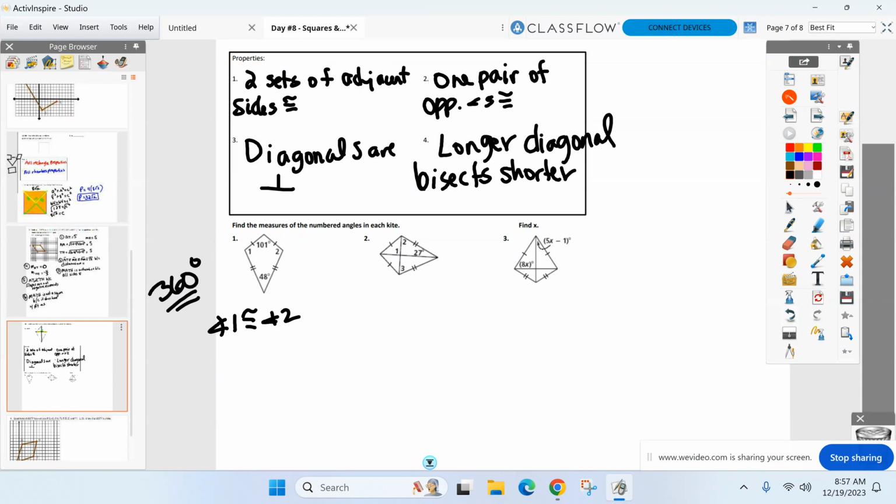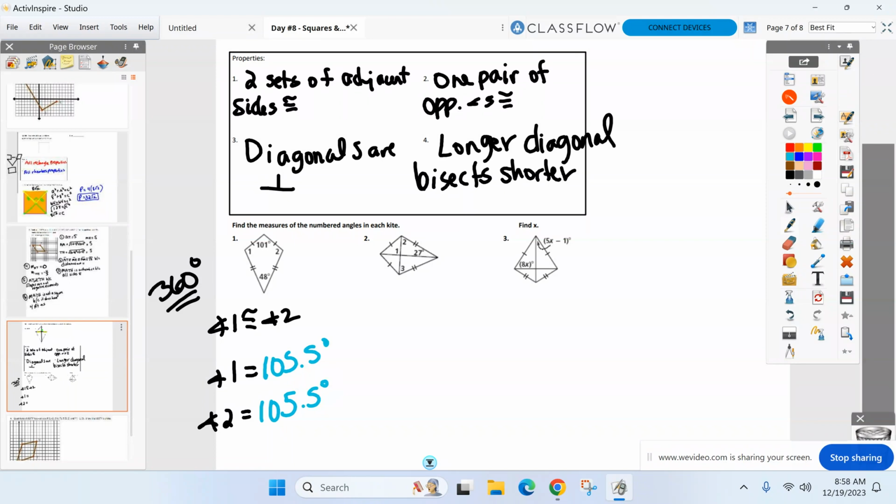So let's get to work finding angles 1 and 2. 105.5 degrees for each. Yep.